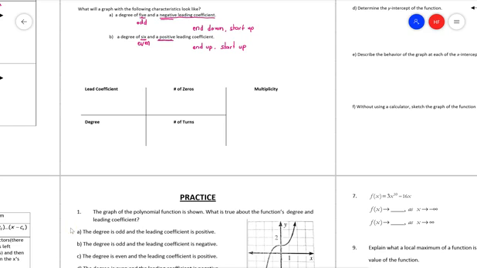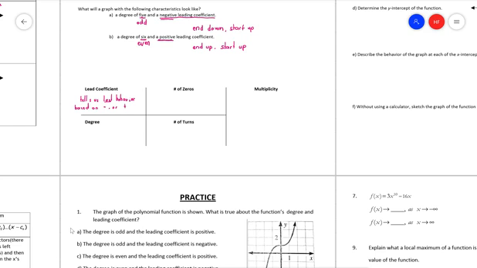So on this table, we have our lead coefficient, which is going to tell us the last behavior based on negative or positive.